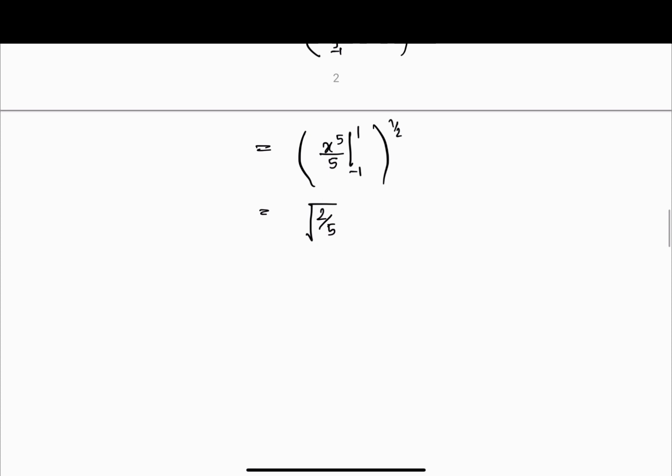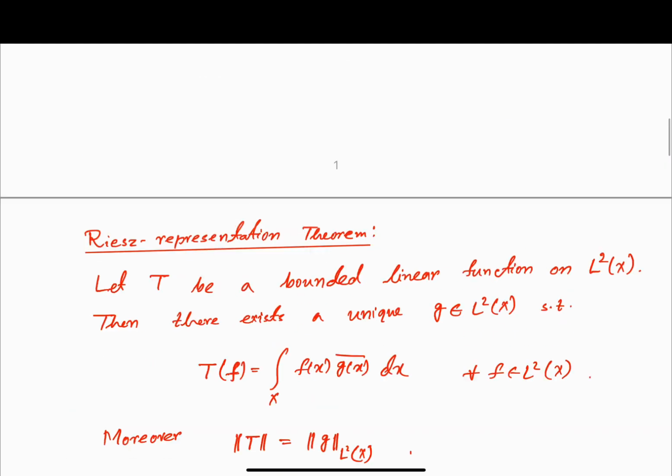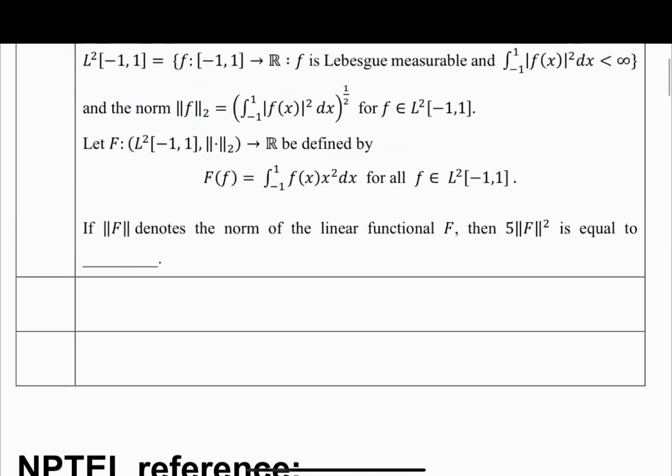Therefore the norm of F, which is the norm of x square, the functional norm here, is the square root of 2 by 5. Now let's see what we have to find. We have to find the value of 5 times norm F square.